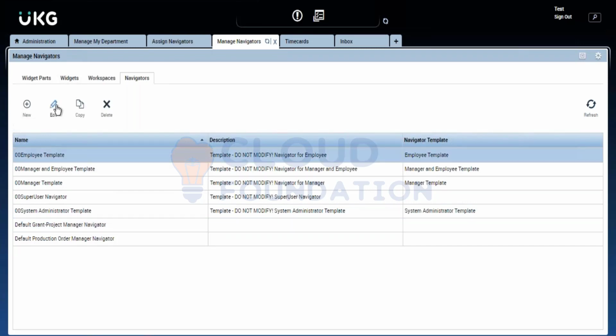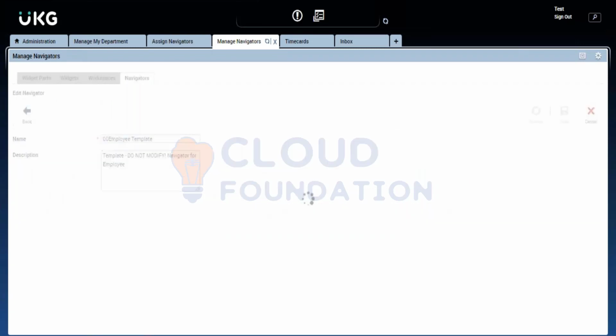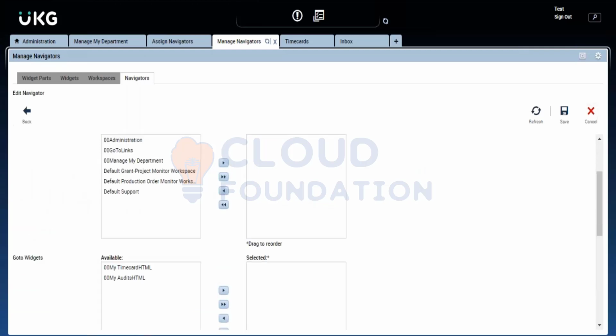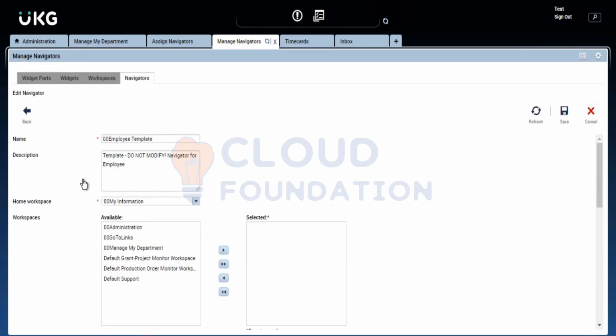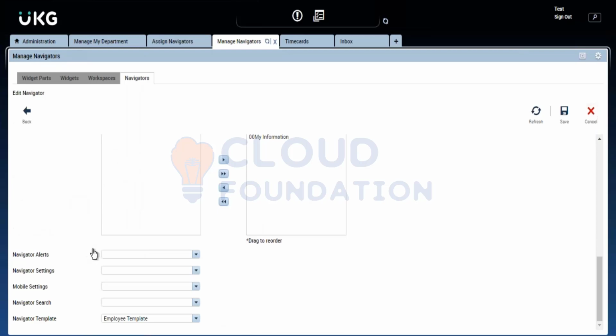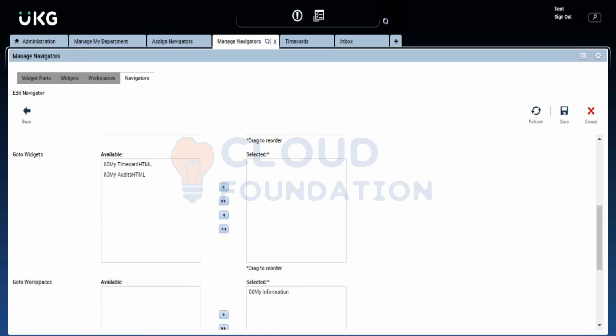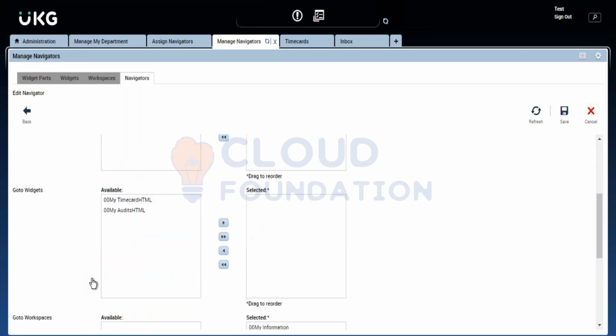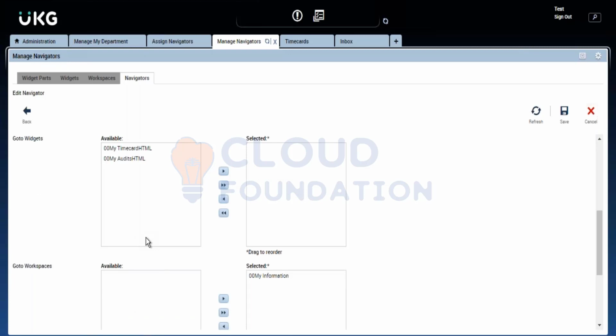Let's see how the employee template is done. So we set up widget parts and we come to navigators, but I'm just going to show you what is in the navigators, so you will know what you need to set up before that. I have my workspaces, which I have to select. I have my widgets, and I have to create some widgets.